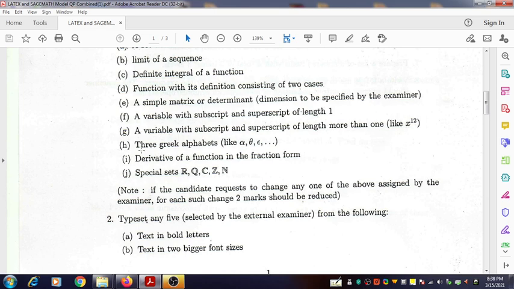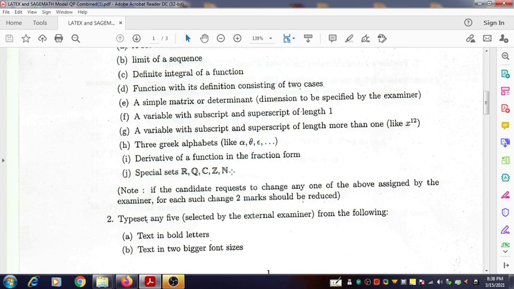And next question, 3 Greek alphabets. You have to type 3 Greek alphabets like alpha, theta, epsilon. This kind of question may vary. I mean, different types of symbols can be asked to typeset.